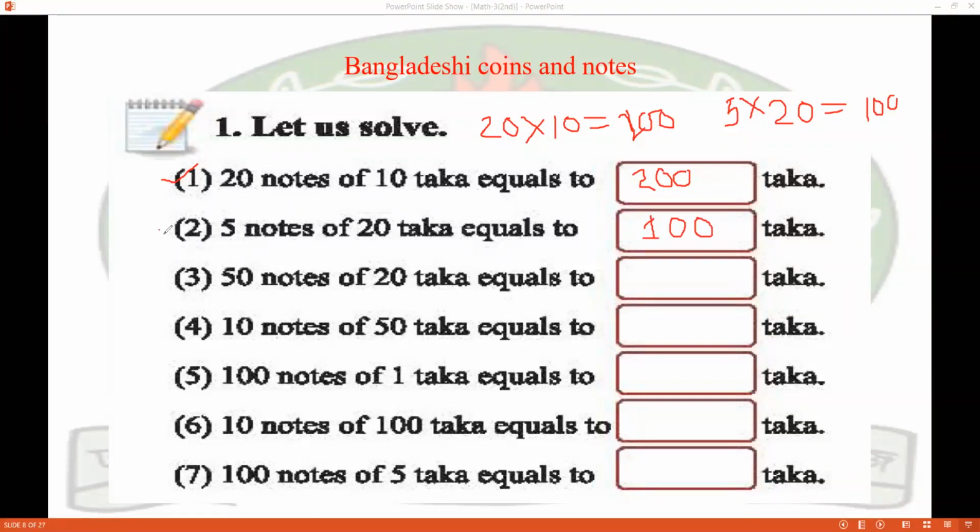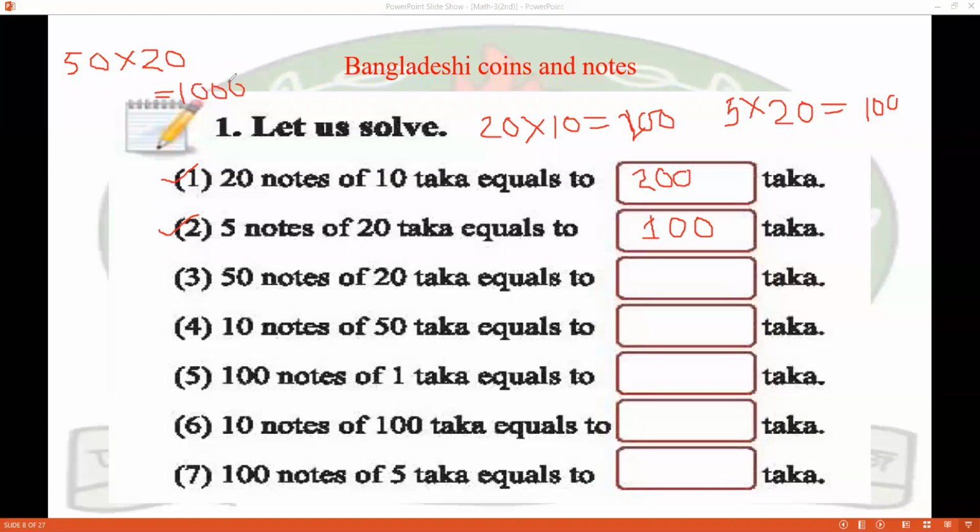Number 3, 50 notes of 20 taka is equal to how many taka? So 50 notes and 20 taka each, so it is equal to 1000 taka.